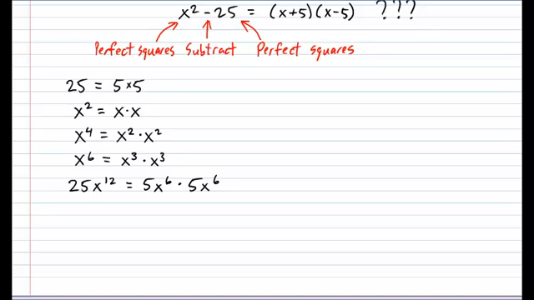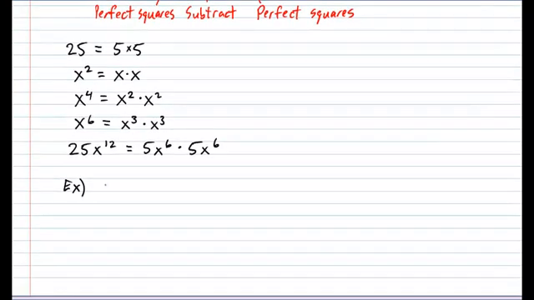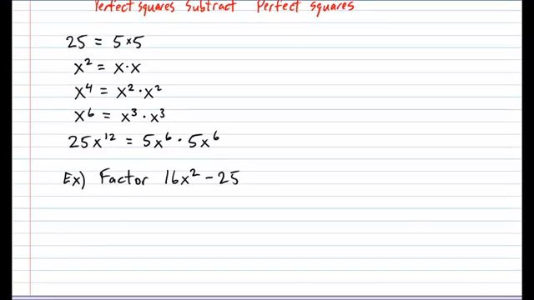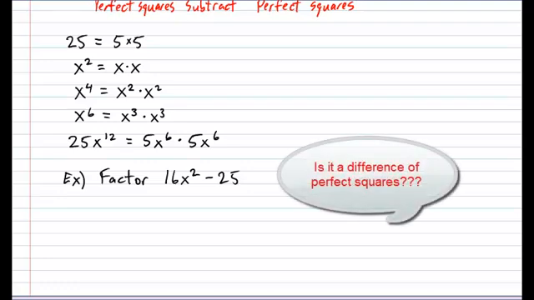Put example. Suppose I were to give you this question. Factor the polynomial 16x squared minus 25. Well, before you're able to apply this factoring technique, you must establish that this polynomial is in fact a difference of perfect squares.